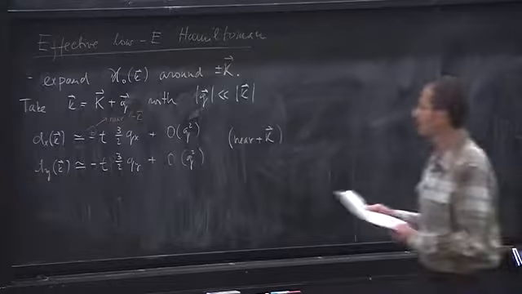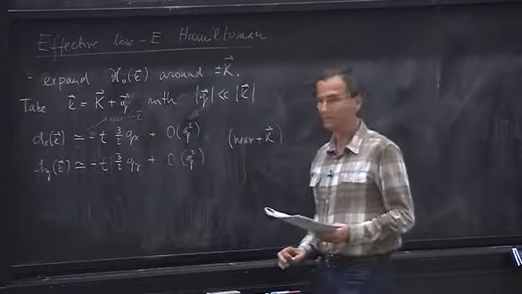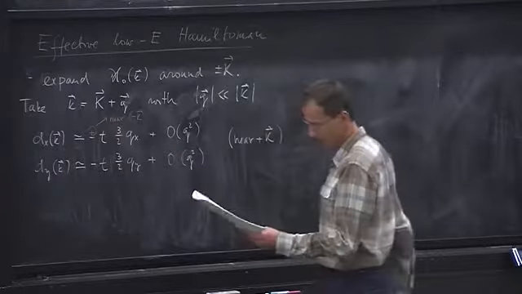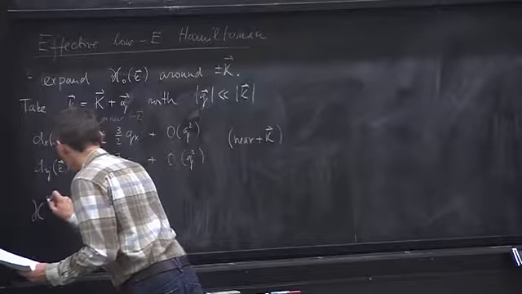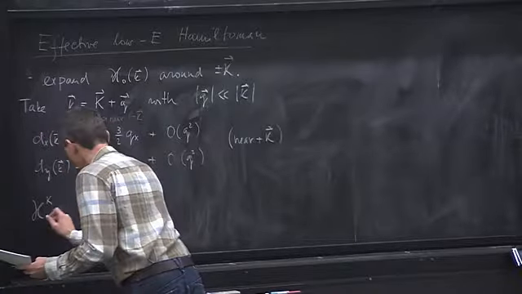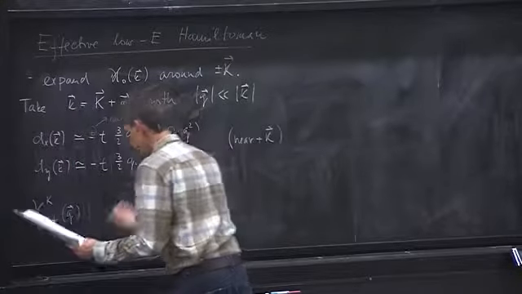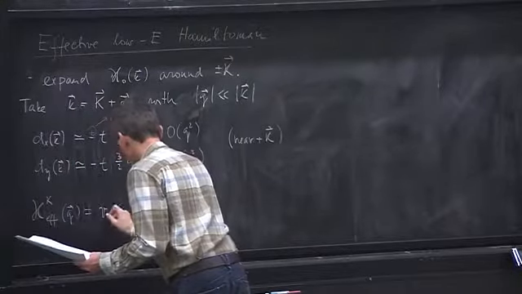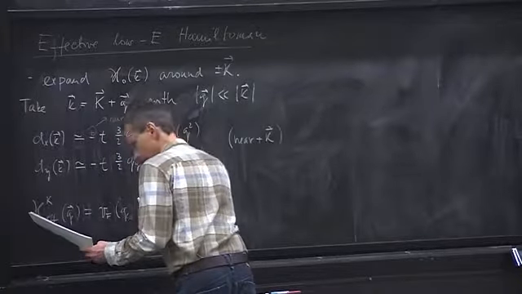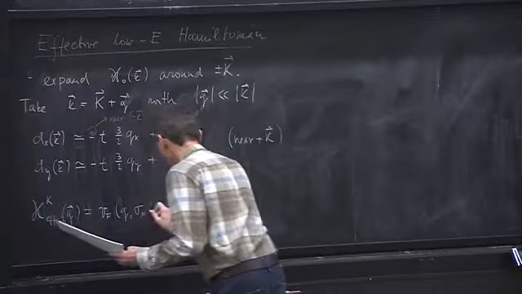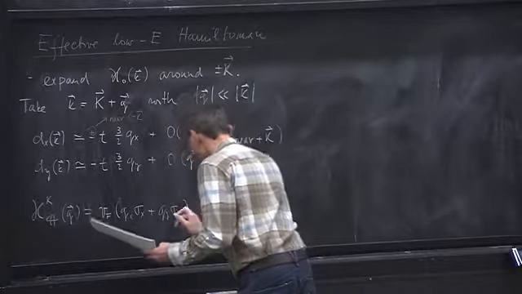So the effective low energy Hamiltonian, if I now neglect these quadratic pieces and just focus on the dominant terms, is like this: H at K effective, and now let me write that as a function of Q, is Vf times Qx sigma x plus Qy sigma y.